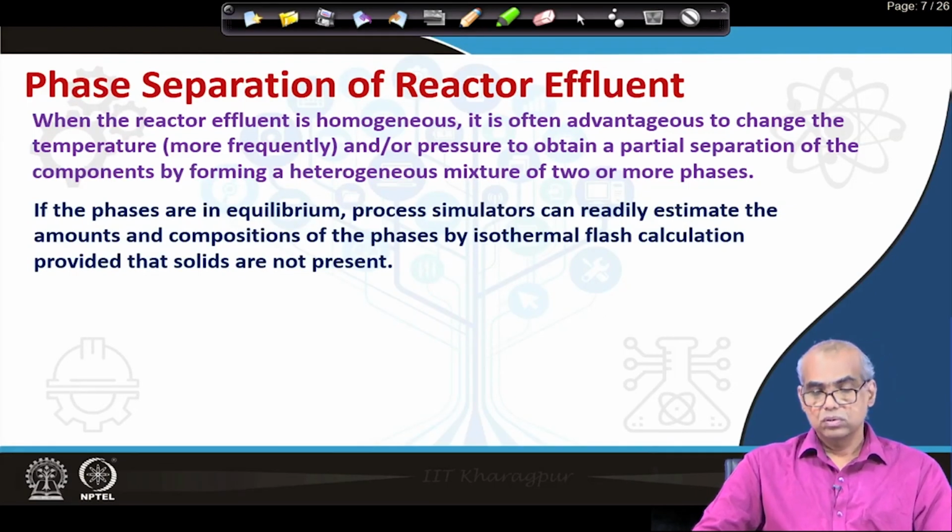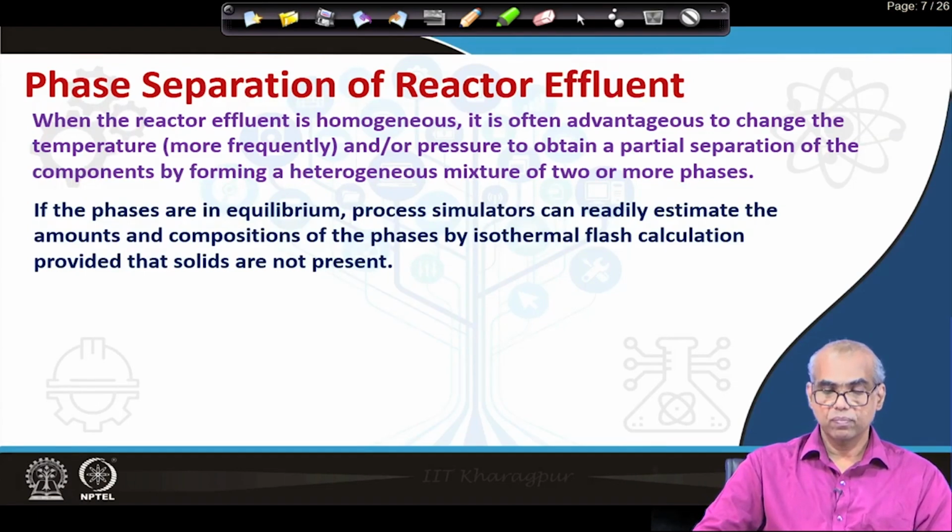So, we have process simulators which can readily calculate the compositions and the amounts of species in these different phases which are in equilibrium with each other. Aspen is a very commonly used process simulator which can be used for such purposes.